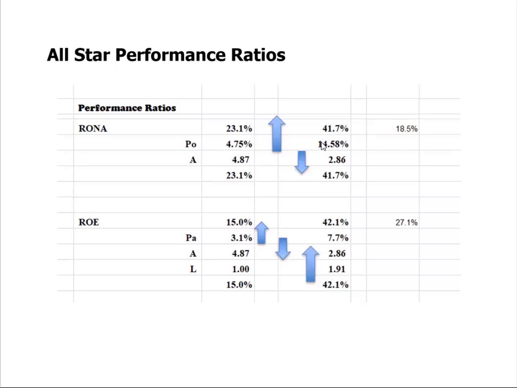Now, if the cost of capital in this business was 15%, that would represent the expectation that we want RONA to be greater than 15%. And in this case, it's no doubt that the performance in All Star is certainly exceeding a kind of average cost of capital for a South African business.